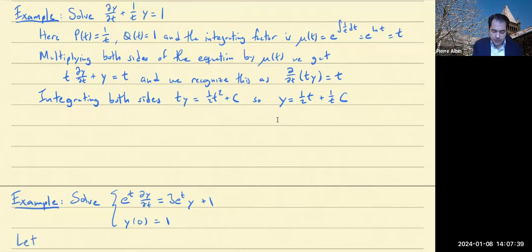So let's put the equation in standard form, right? Then the equation would look like dy by dt minus 3y is equal to e to the minus t.